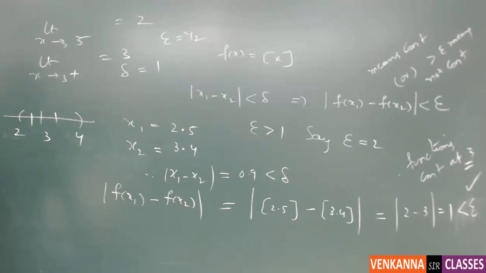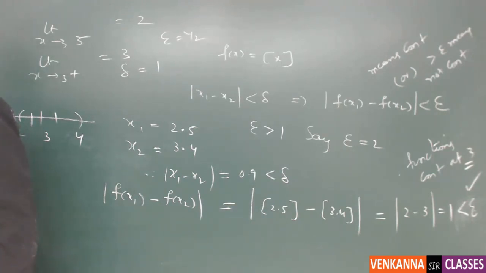Yes, that's why on the closed interval, if you say that it is continuous, then it is always uniformly continuous. I have given that result already. If you have shown that the function is continuous on the closed interval, then automatically it becomes uniformly continuous on that closed interval.